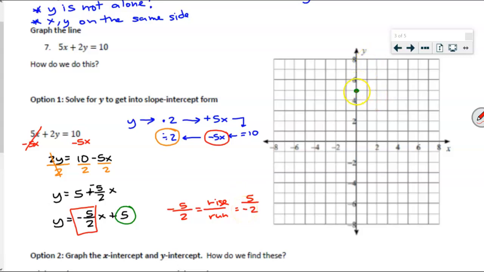So falling 1, 2, 3, 4, 5, and running 2. If I tried to go up 5 and back 2, I'm going to end up off the grid. So let's do one more point. Falling 1, 2, 3, 4, 5, running 1, 2. And there's the line.